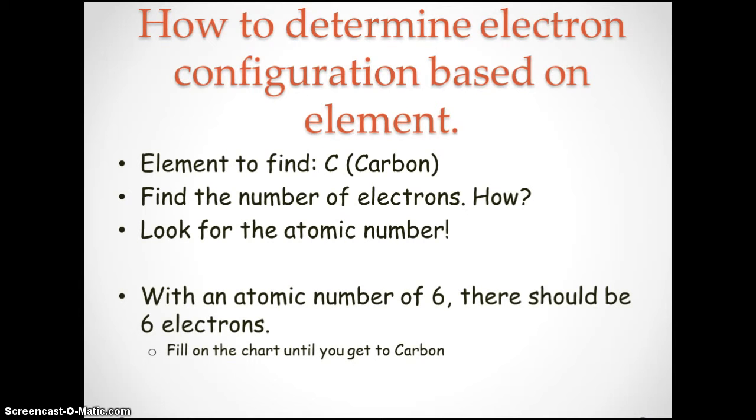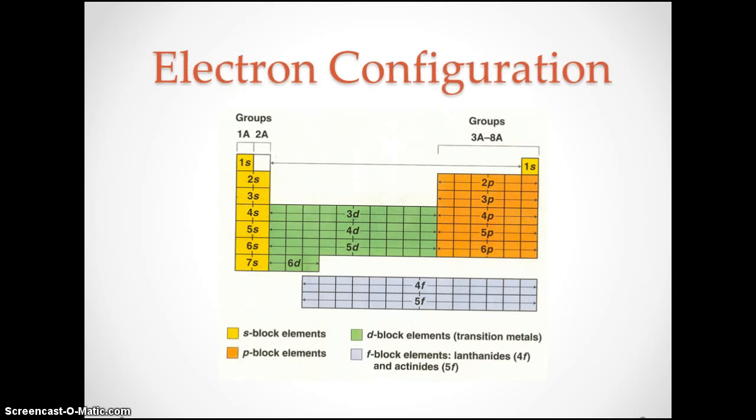So there should be 6 electrons. So we go to this little configuration chart. Carbon has 6 electrons, so we need to move 6 spaces. So 1, 2, 3, 4, 5, 6.